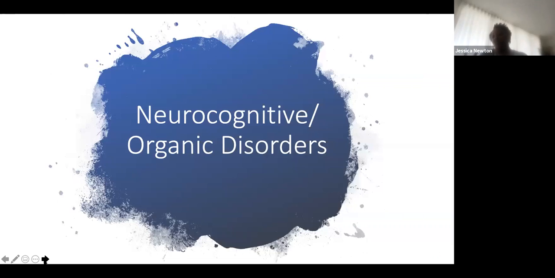So if we heard reports of a neurocognitive concern, then we would start to look at some of the diagnoses that are associated there. Here we have, and this is actually an older chart, but this is really looking at delirium and the different factors that would be involved.